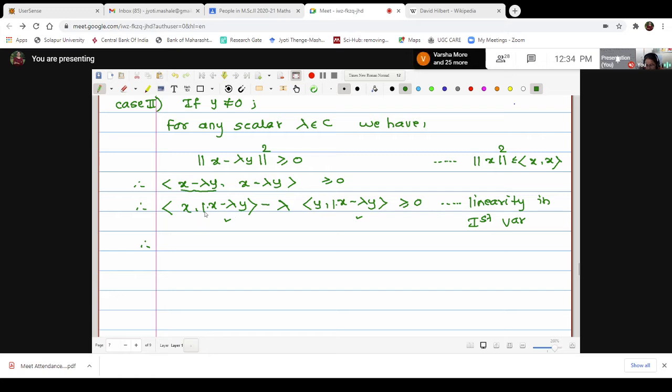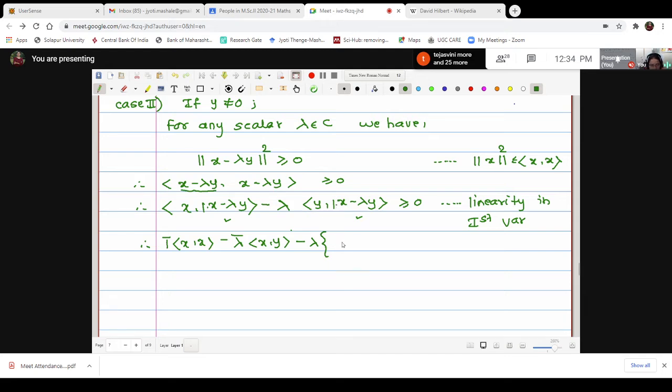Therefore let me use conjugate linearity. In conjugate linearity, scalars are taken out with the conjugates. Therefore this is 1 bar inner product x with x minus lambda bar inner product x with y. Next, minus lambda as it is, we will put a bracket here.